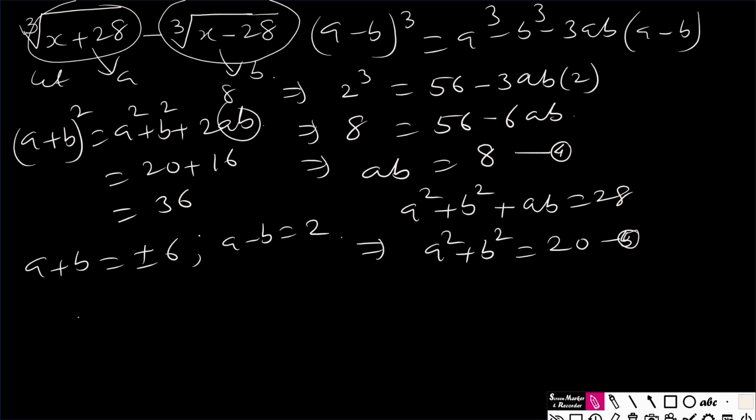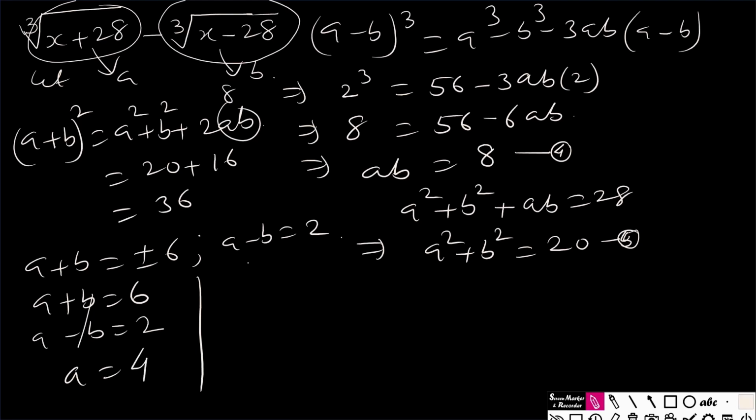So here two possibilities. If a plus b equals 6 and a minus b equals 2, then if we add these two equations, b cancels, and a equals 8 divided by 2, which is 4.